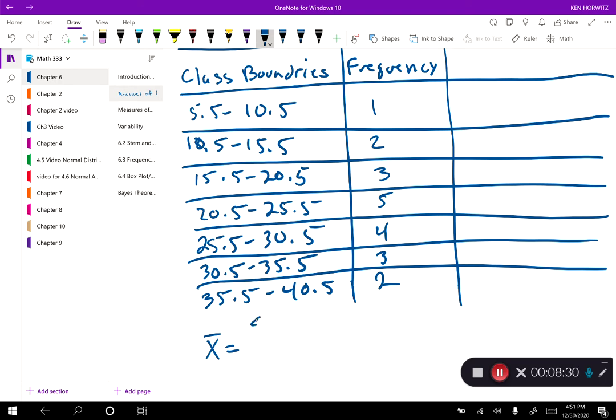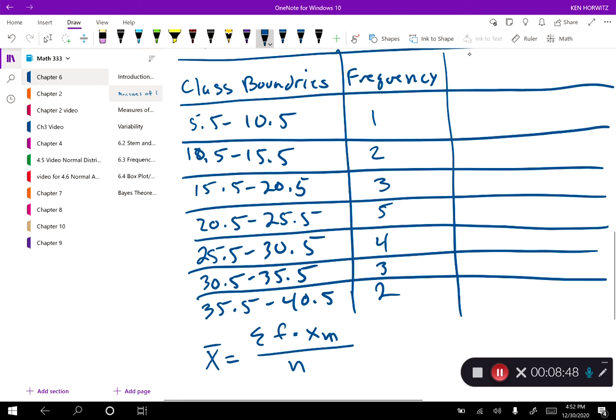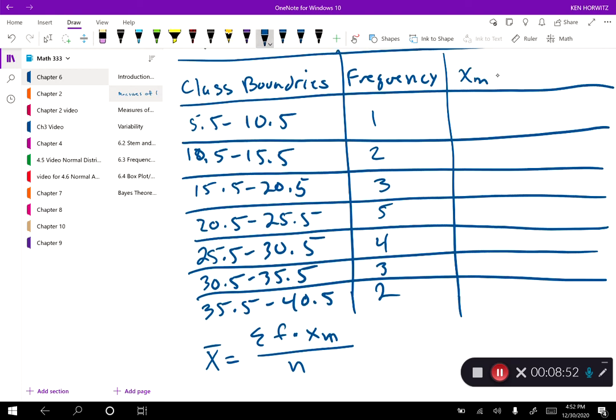But I can add up the frequency times xm, where xm means midpoint, and divide that by the number of values. The midpoint is the midpoint of the class boundaries. So I'm going to put another column for xm, and then another column for f times xm.